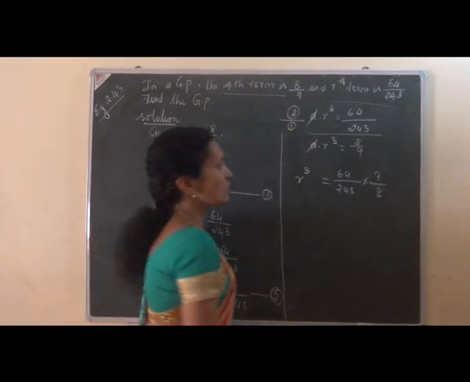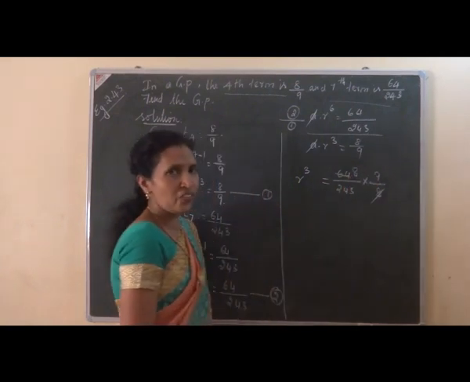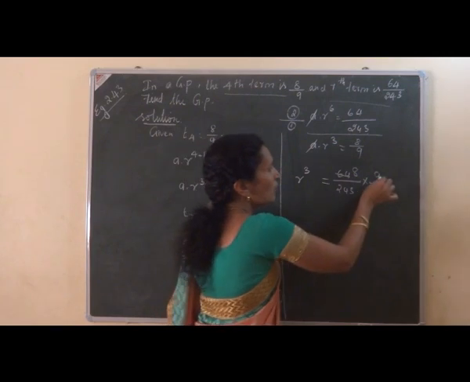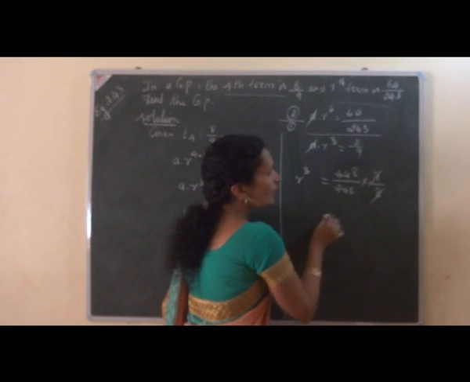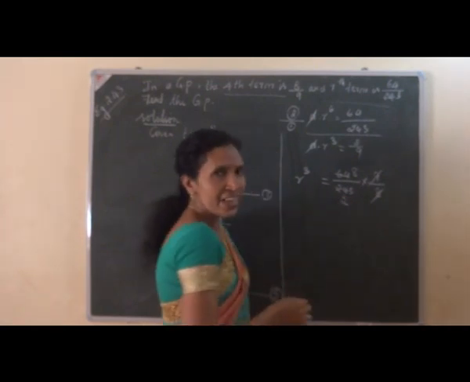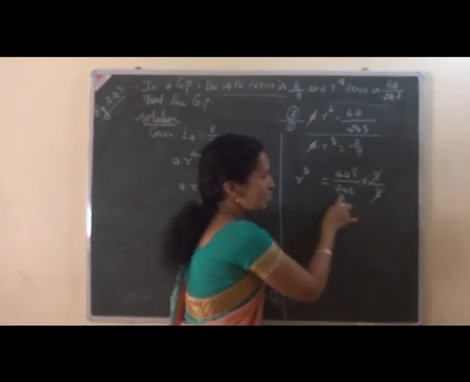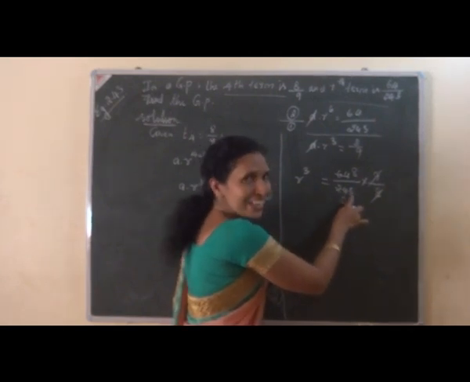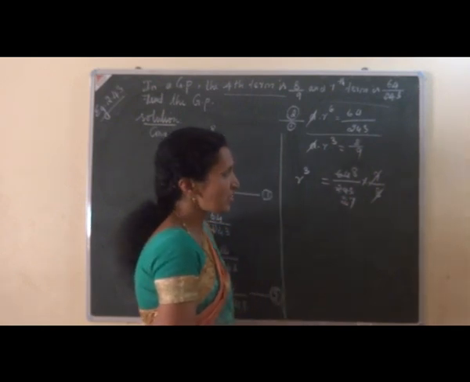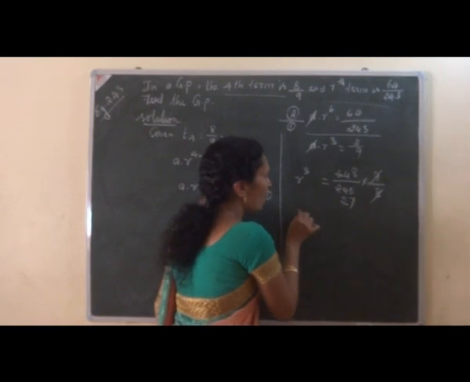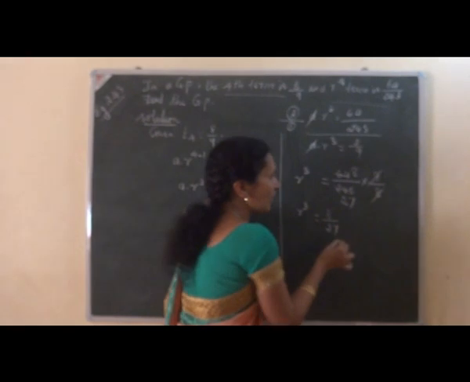Now 8 8s are 64. 9 is 9, 2 9s are 18, balance 6, 63, 7 9s are 63. So you will get R power 3 equal to 8 by 27.